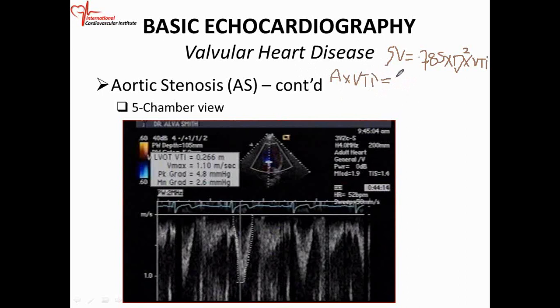Again, the flow across the left ventricular outflow tract is equal to the area of the left ventricular outflow tract. If we call that area L for whatever reason, times the VTI across the left ventricular outflow tract.